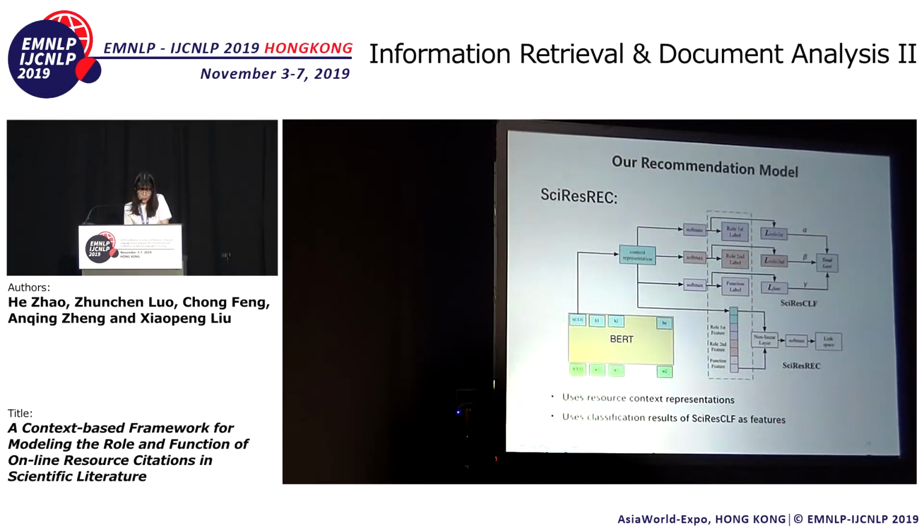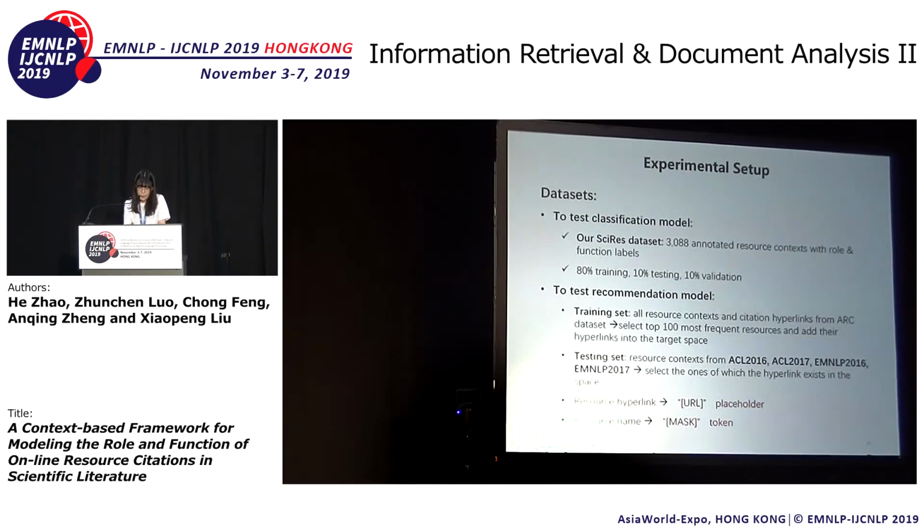It means that the context representation vectors and the first role feature vectors, second role feature vectors, and function feature vectors are used as the input of the classifier. So the representations are mapped into the predicted link space.